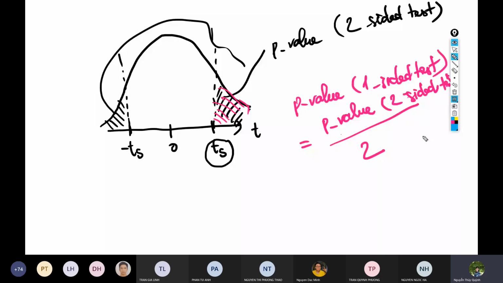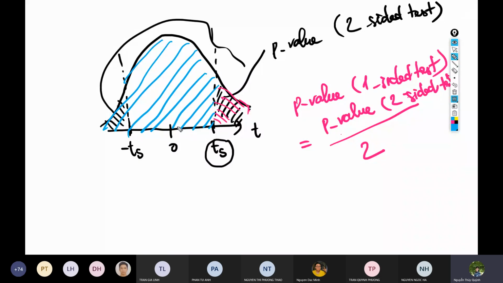We will need the area to the left of our observed value of t. In this case, our observed value of t is a positive number. So if our t value is a positive number and we want to test the opposite of what we are seeing here, we are seeing that the sample statistic beta 1 hat is greater than 0.